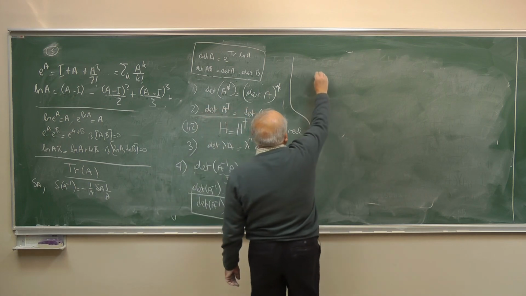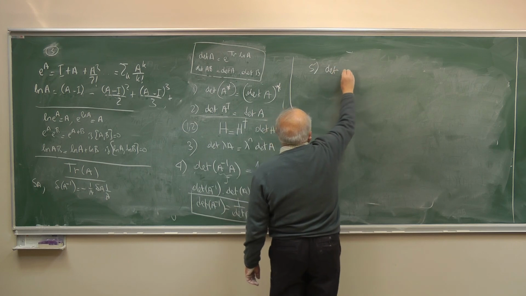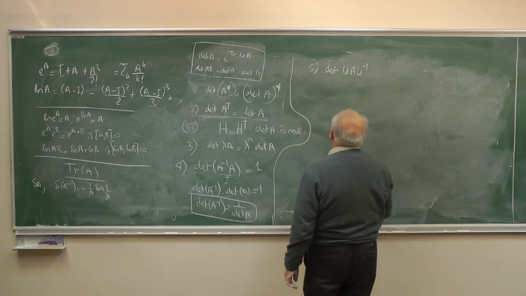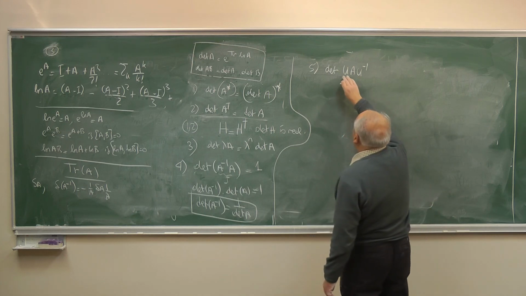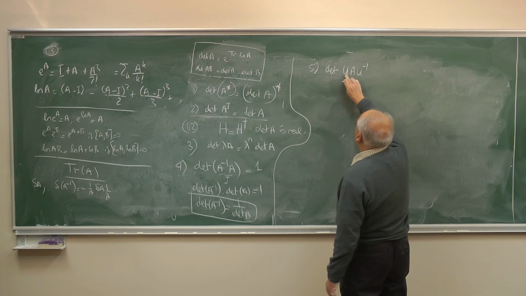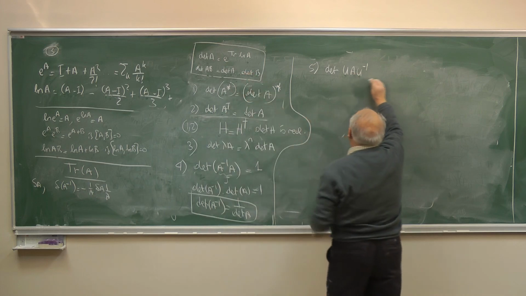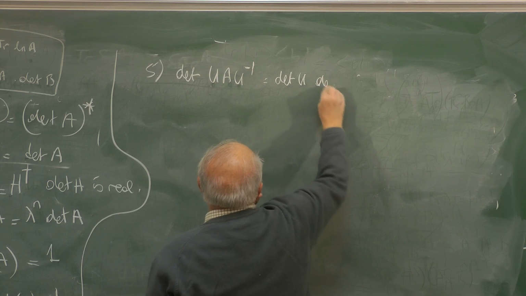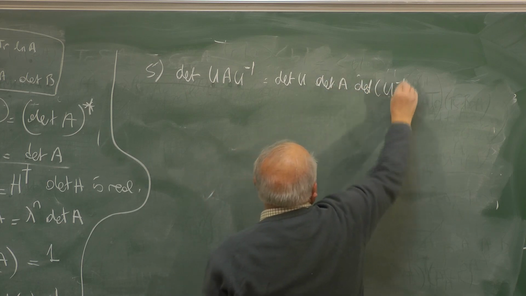Now let's look at 4, 5. Determinant U A U inverse. First, you can separate determinant U and determinant A U inverse. Then successively applying this, it is equal to determinant U, determinant A, determinant U inverse.